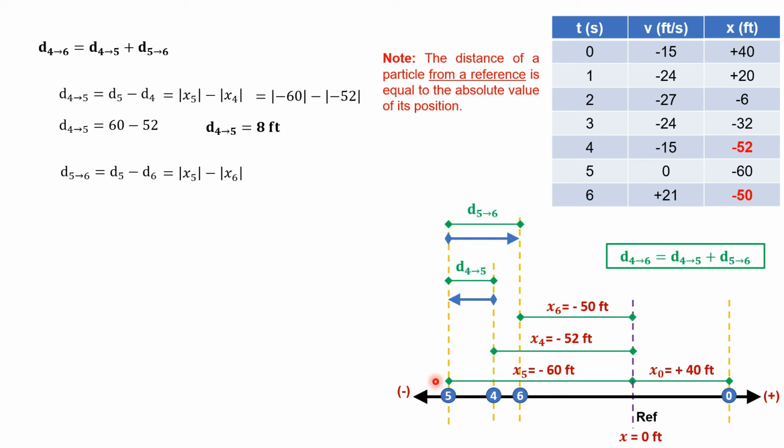So looking at this geometry, if we subtract the absolute value of x sub 5 and the absolute value of x sub 6, what remains is this distance from 5 to 6. Okay, so by substituting the needed values, we can compute that d sub 5 to 6 is equal to 10 feet.